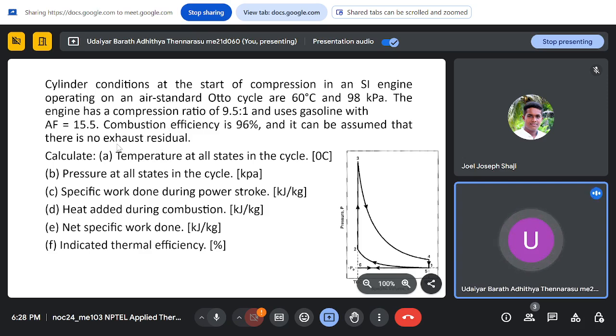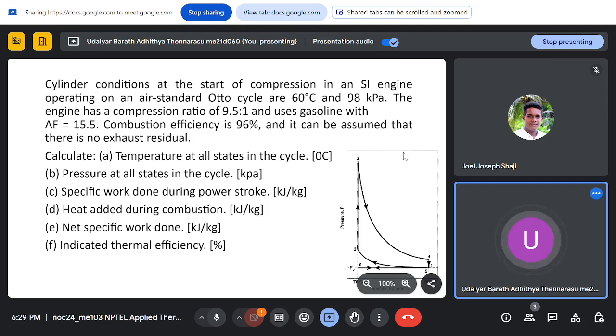We need to calculate A, temperature at all states in the cycle, B, pressure at all states in the cycle, C, specific work done during power stroke, D, heat added during combustion, E, net specific work done, and F, indicated thermal efficiency.